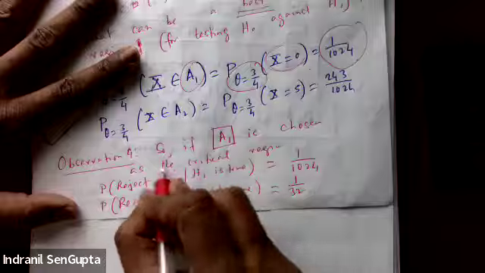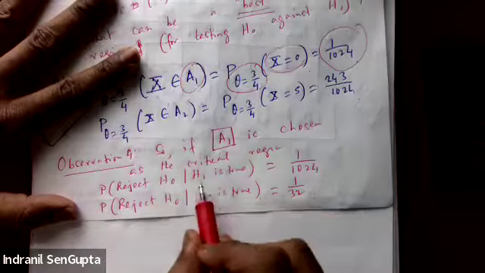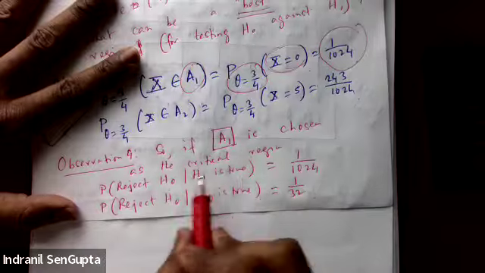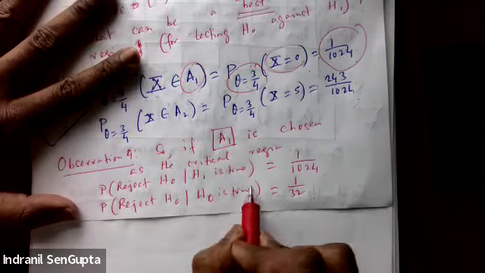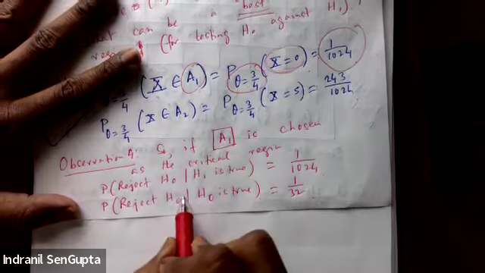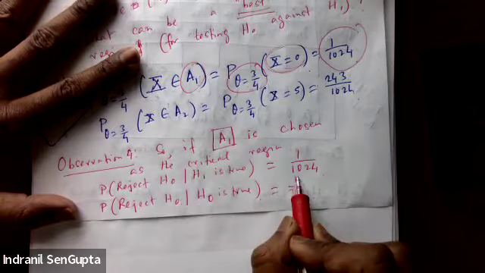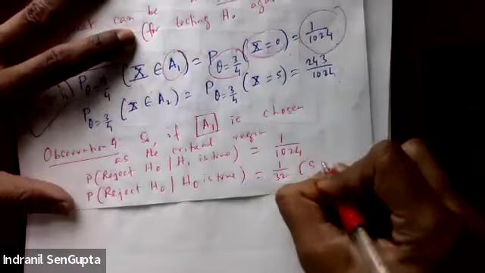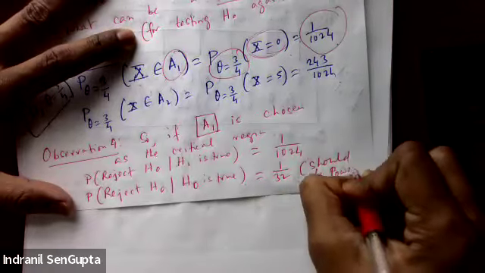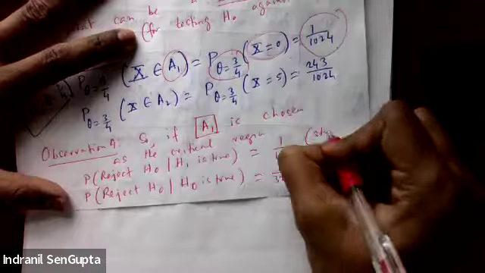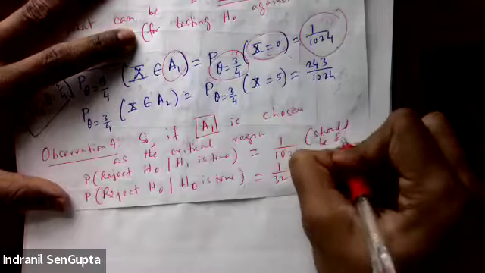Because the other one is true. So of course, we should be rejecting this one with high probability. So this number should be higher. And if H0 is true, I should not reject H0, so this should be lower.